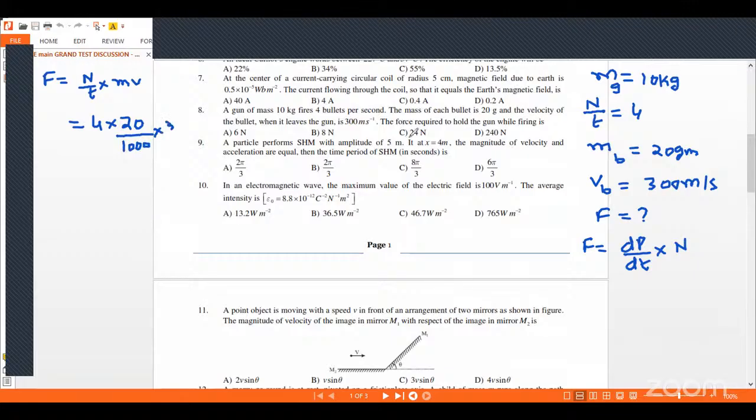We need to find force required to hold the gun. Upon calculation, we'll get 24 Newton. Is it right? Is it fine?